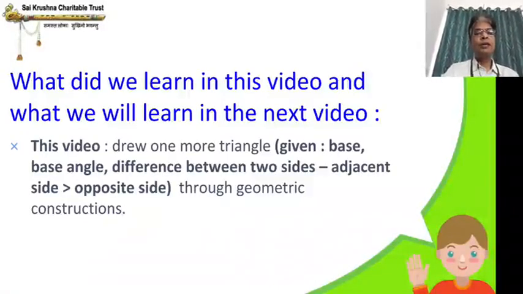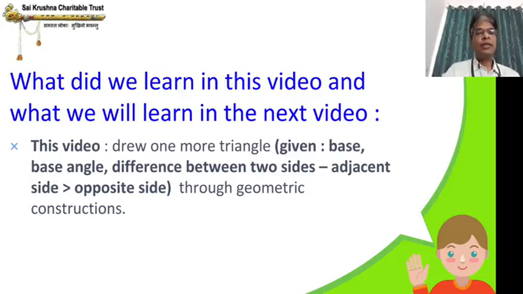So, we have done now given base, base angle, difference between two sides, adjacent greater than opposite. We have seen now all the three cases; do not get confused, two cases for difference and one case for sum. So, we have seen now all the three and two methods. So, there are six constructions we have done.